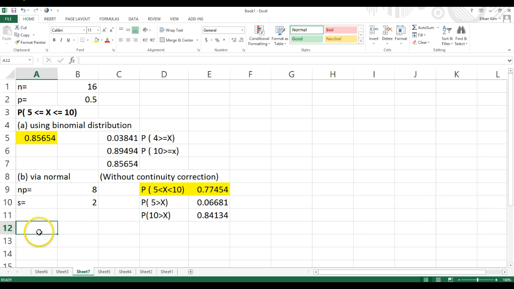And now, lastly, we're going to do this using continuity correction via the normal with continuity.